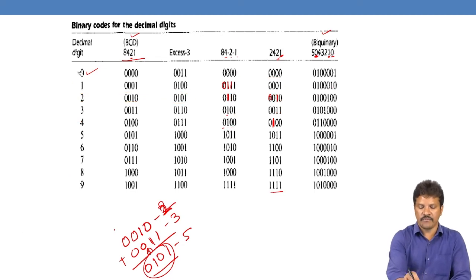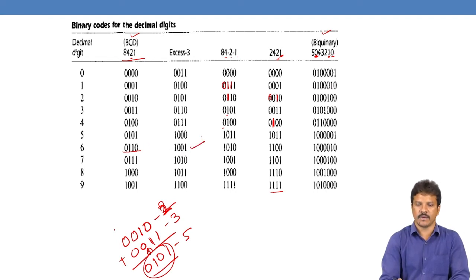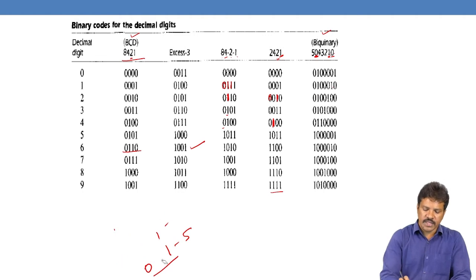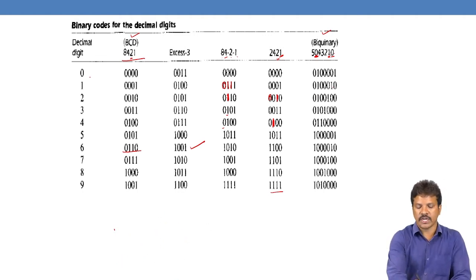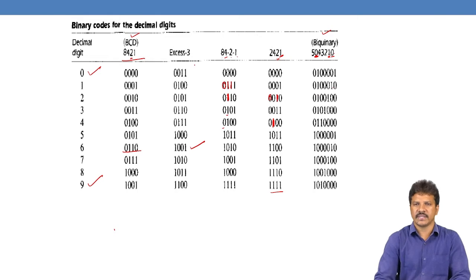What is the XS3 code for 6? 6 means 0110 in binary. For XS3 we just add 0011. We get 6 plus 3 is 9, 1001 is the XS3 code. If you check this column, each and every number starts from 0 to 9. Whatever number is converted into XS3 has no weights in each bit.